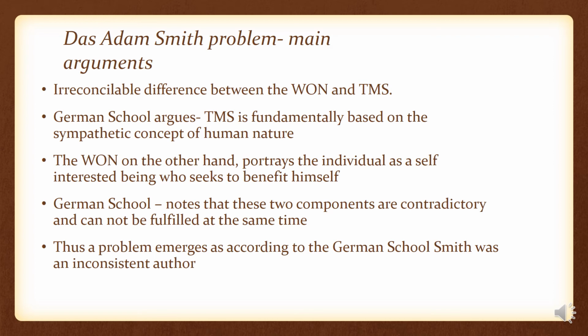So we can conclude that the German school notes that these two components are contradictory, and they could not understand how one can be self-driven and self-interested at the same time and still be sympathetic towards others. Thus, this was the problem that emerged from the German school, which obviously then stated that Smith was an inconsistent author.